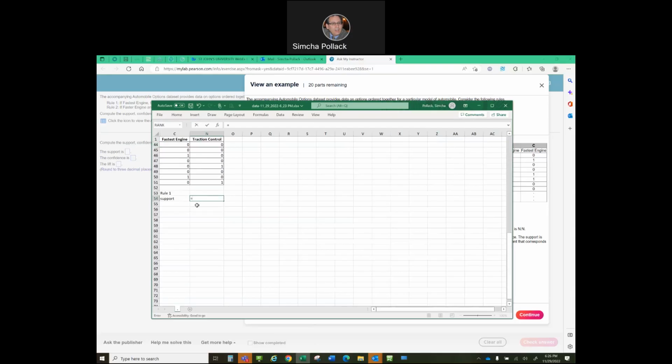SUMPRODUCT is a nice way of doing all those found in column C times column N. So we're going to do SUMPRODUCT of C2 through C51, comma, N2 through N51, close parenthesis, divided by 50.